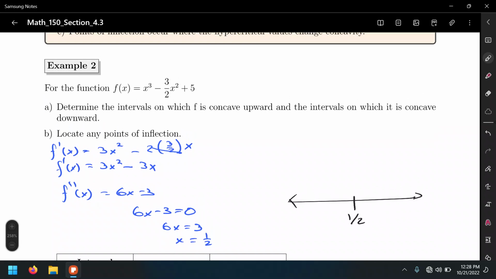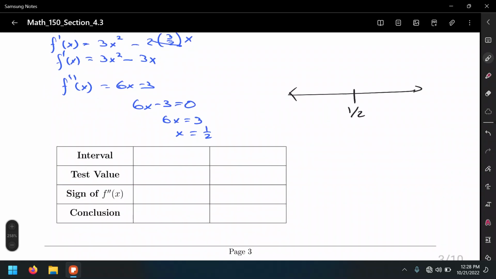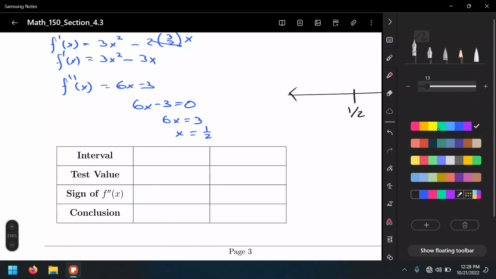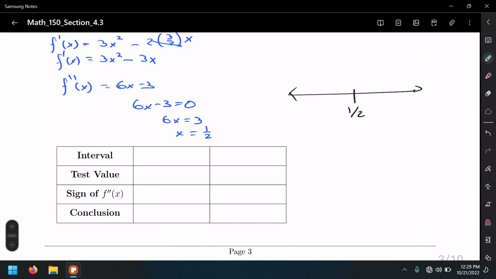And for this reason, I have this table with 2 empty columns for each test value. So number 1, let's define the intervals. The first interval comes from negative infinity and stops at 1/2. And the second interval starts at 1/2 and goes all the way to infinity. Exclusive in all cases, all right?